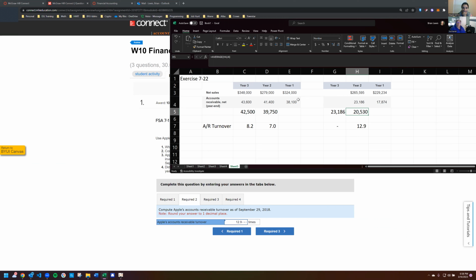In the 2-year column, you're dealing with an average between year 1 and 2. In the 3-year, you're dealing with an average between years 1, 2, and 3. No, only these 2 right here. If you look at the formula, I just copied it over, but it's just picking up these 2. It's not picking up 3. So you're only looking at 2 points in time, the beginning of the year and the end of the year, averaging those, and then dividing those into the net sales.